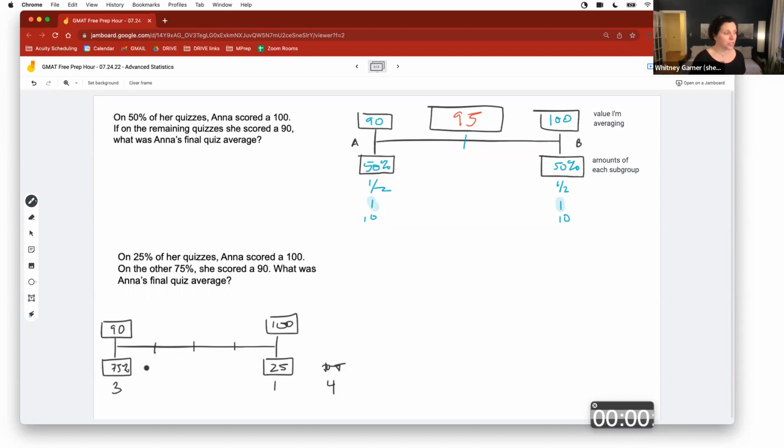So my actual answer will be 3 times closer to 90 than it is to 100. Now I just have to figure out what these intervals represent. And a 4 interval between 90 and 100 would in this case be 92.5.